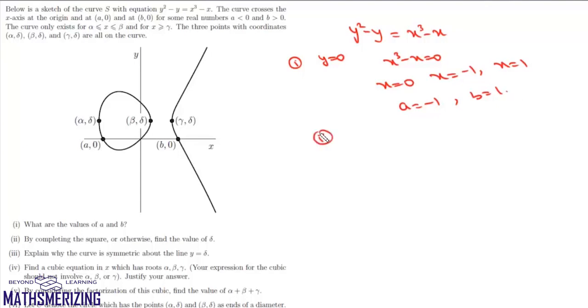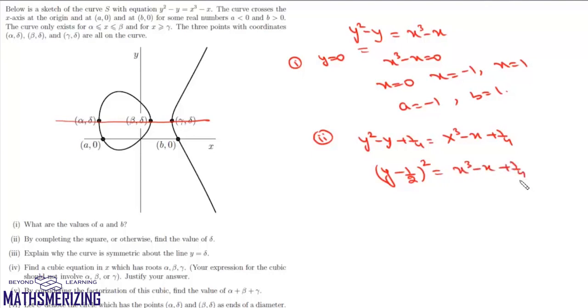Now the second part is, by completing the square or otherwise, find the value of delta. Now at delta, we are getting the same value of y for 3 different values of x. Now we'll complete the perfect square. We can write y squared minus y plus 1/4 equals x cubed minus x plus 1/4. So we'll get (y minus 1/2) squared equals x cubed minus x plus 1/4.